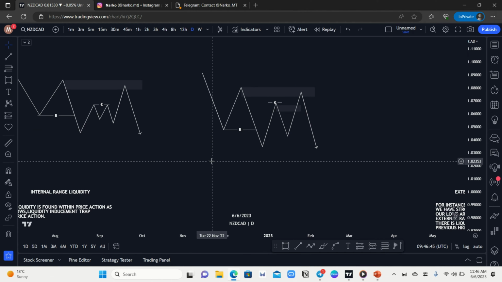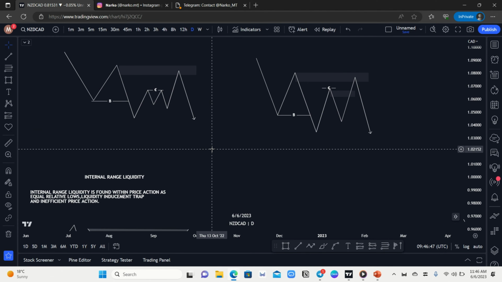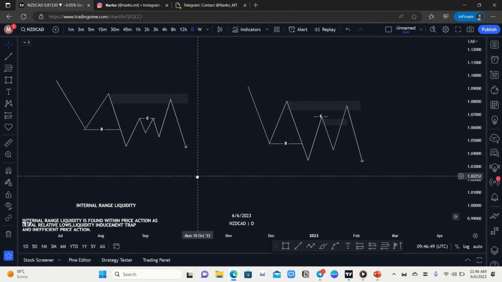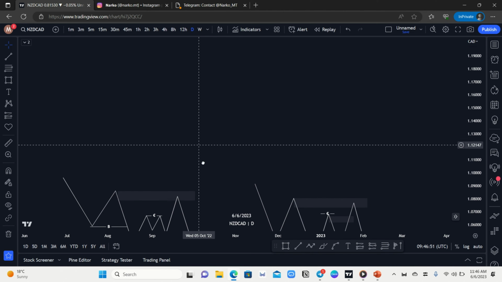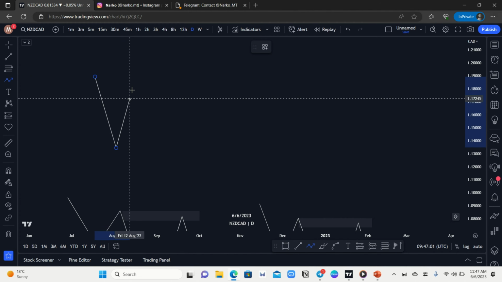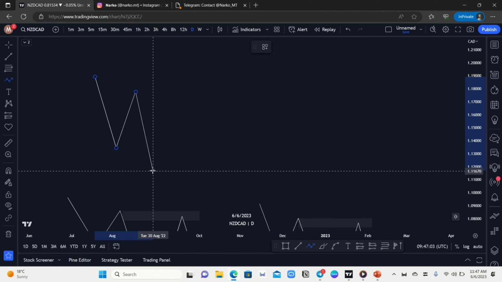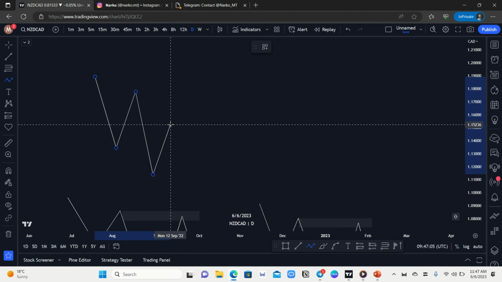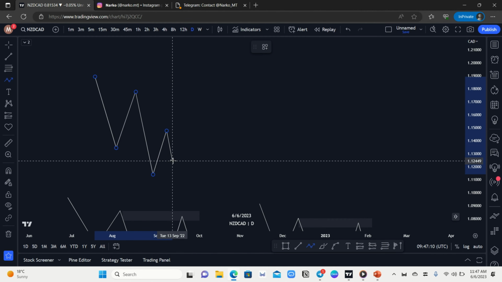Okay, so also internal range liquidity comes as IPA, which is inefficient price action, also known as imbalance. You find that we are in a downtrend again, we are in a downtrend like this, and price does this.